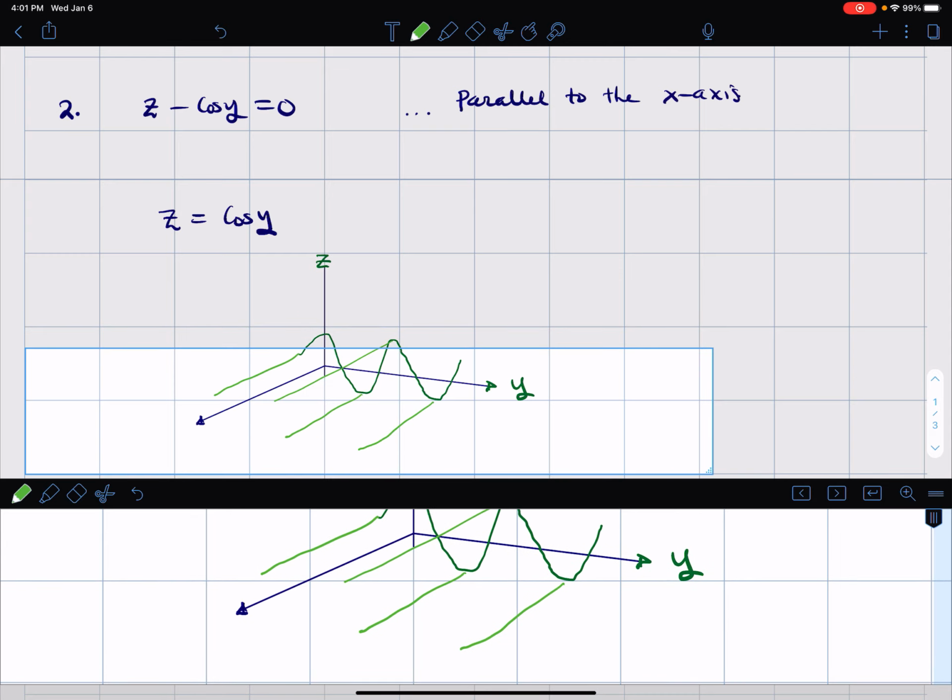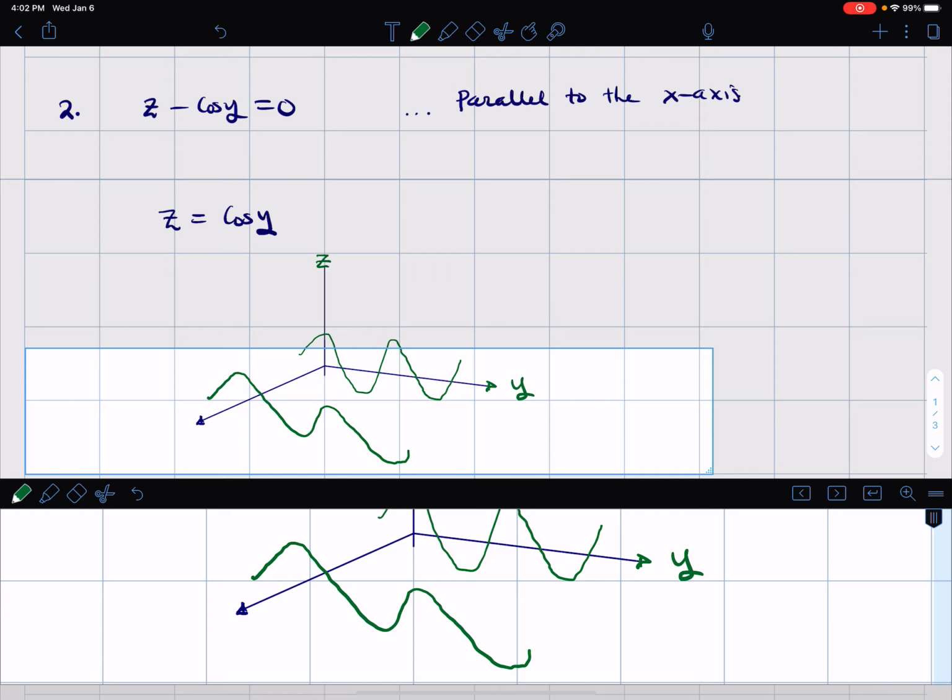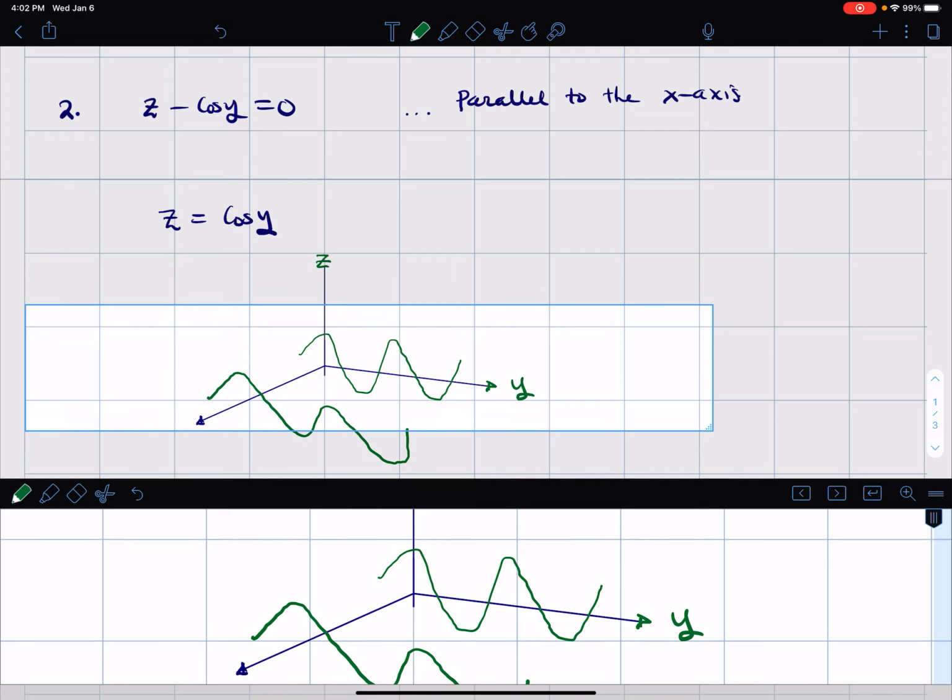Yeah, so it's going to go like this, I think. Oh, you know what? I'm going to cheat a little bit. I'm going to draw another one here, and then I'm going to join them. You see? It still looks jagged, but you know what I mean.